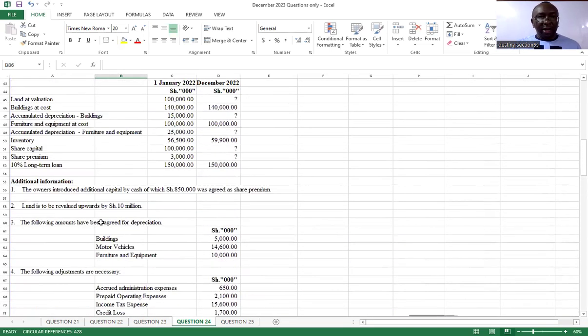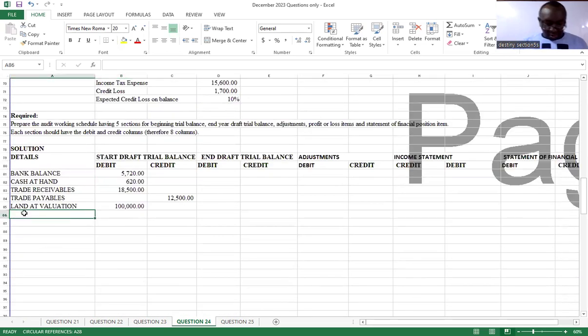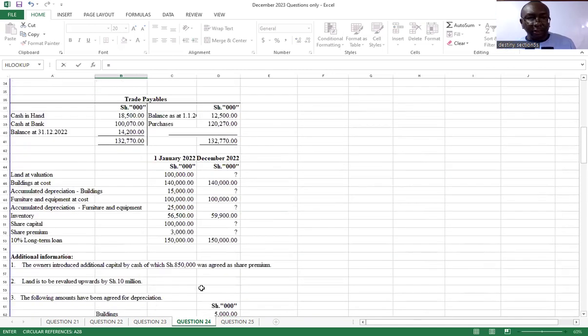It is followed by buildings at cost. Buildings at cost should be equal to the amount that is given here. We enter.